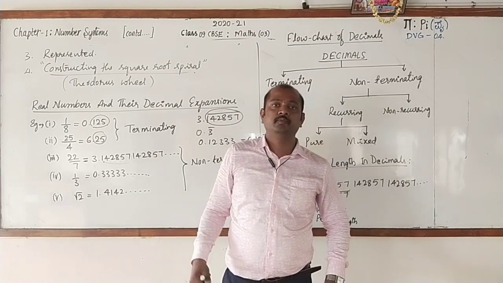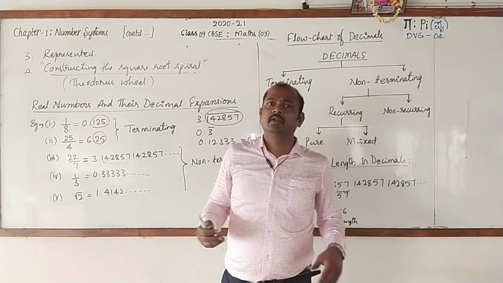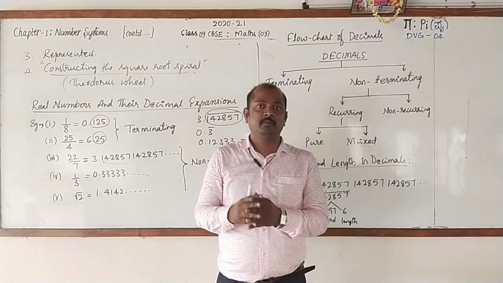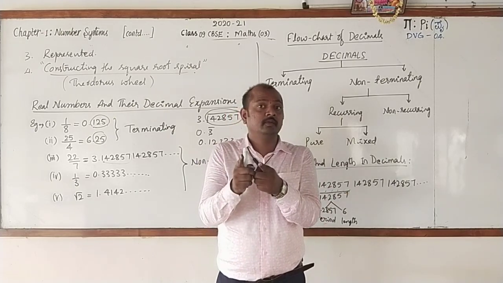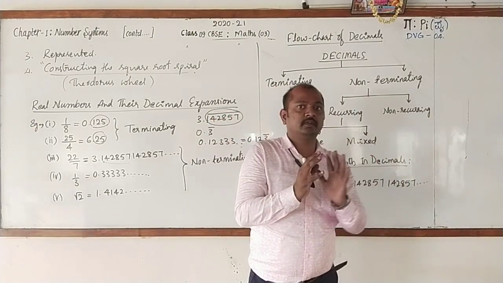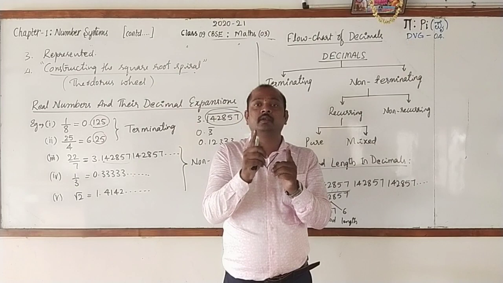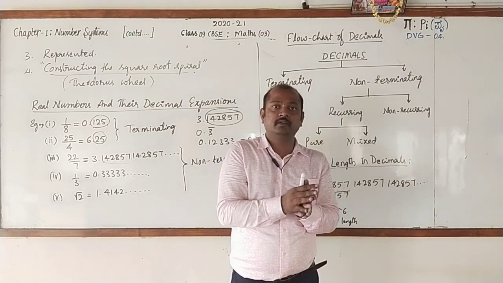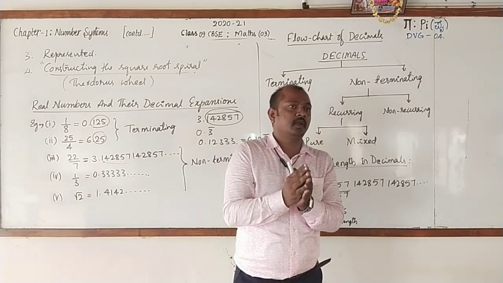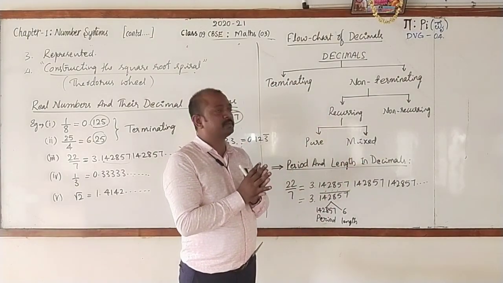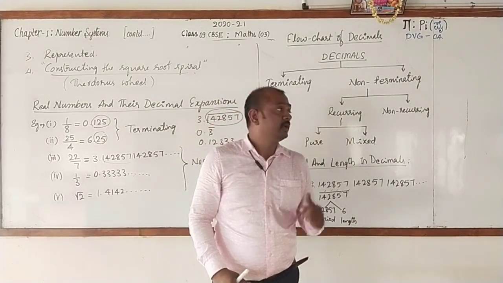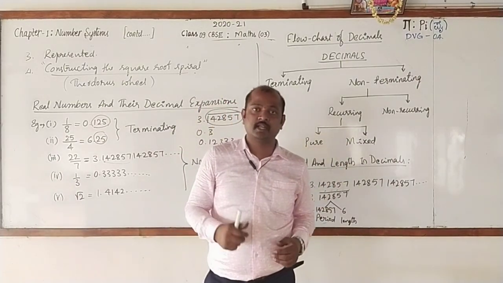Today we have learned an important concept, representing some irrational numbers on the number line, particularly root 5 by spiral method, root 5 by horizontal method, and root 17. These are very important and should be learned. And also we have different types of decimals. Just go through this, and further information will be given in the next class.